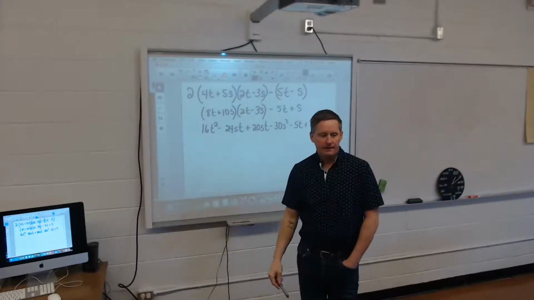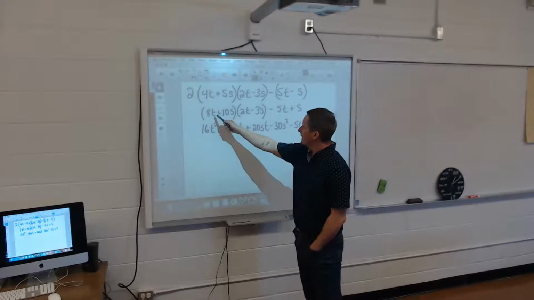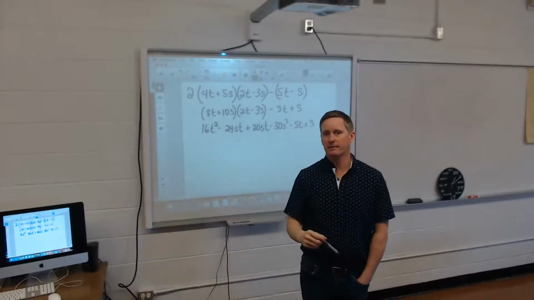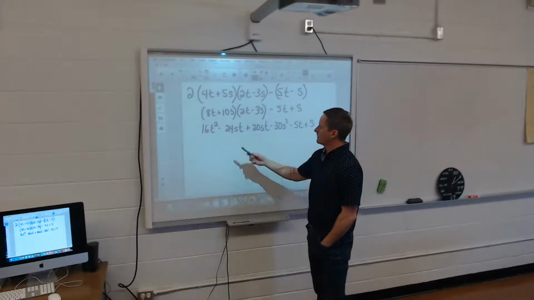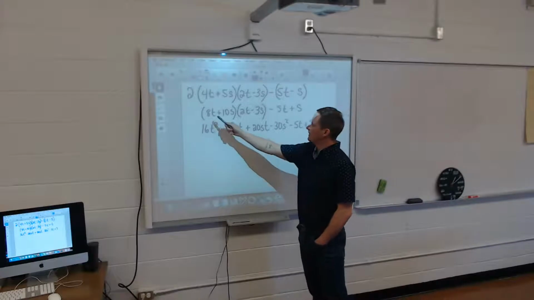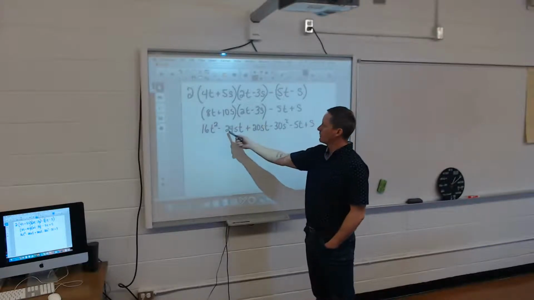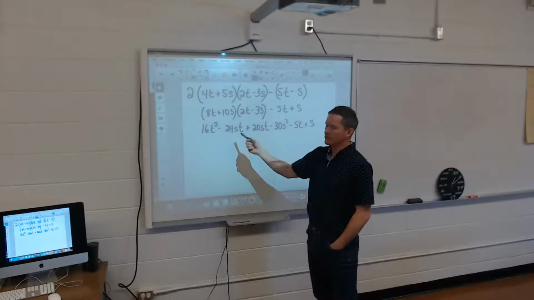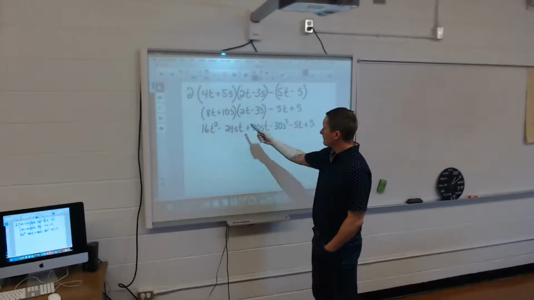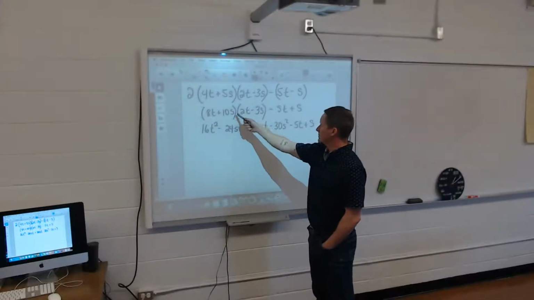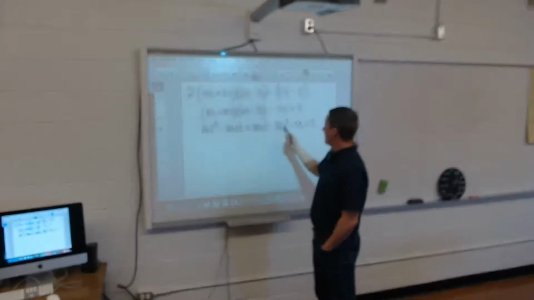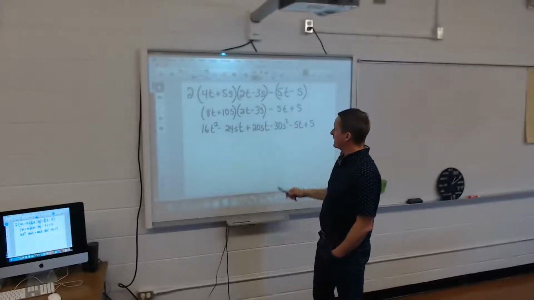The catch in this is, number one, you always write variables in alphabetical order. So that's why I write it as 24st. 8 times negative 3 is negative 24. T times s is just st. 10s times 2t is 20st, minus 30s squared, minus 5t add s.